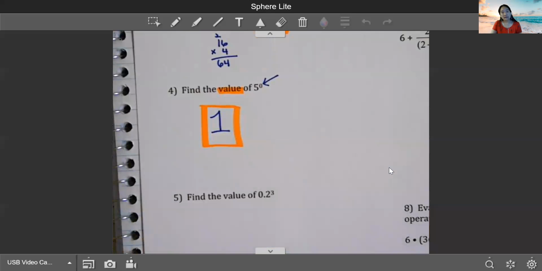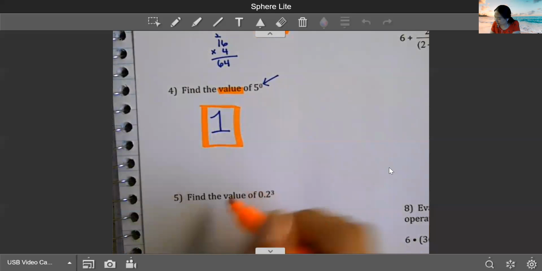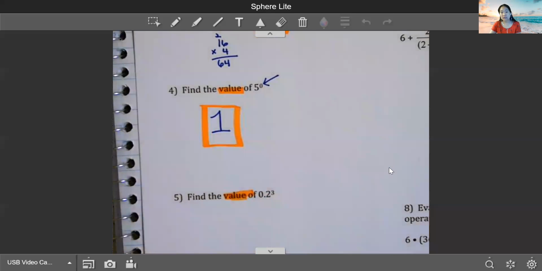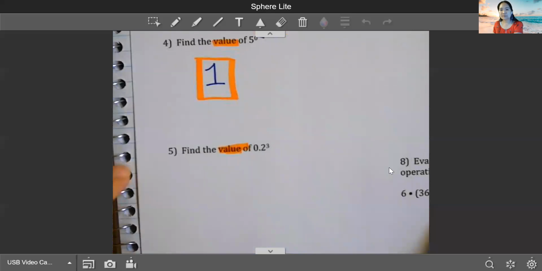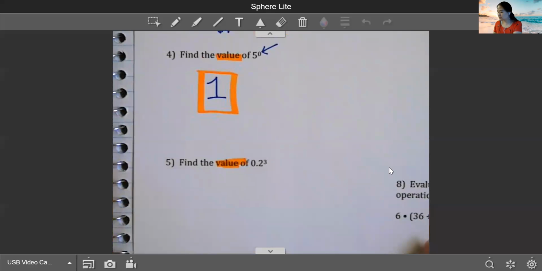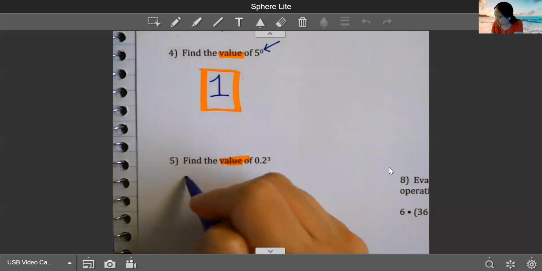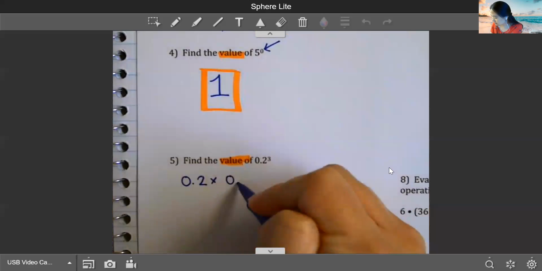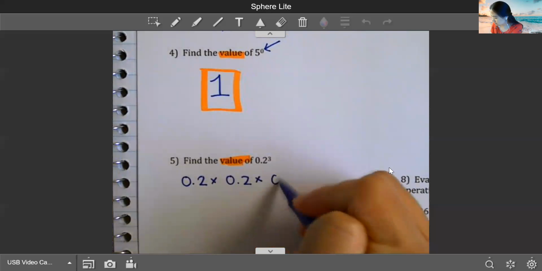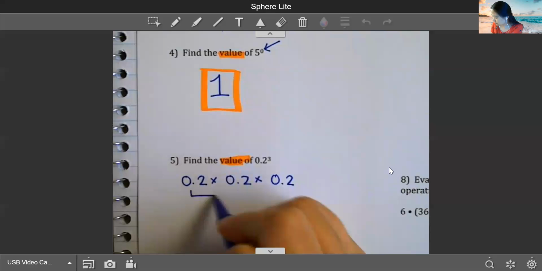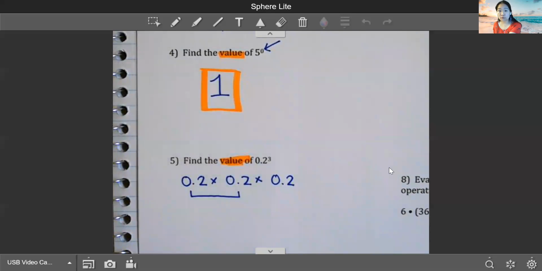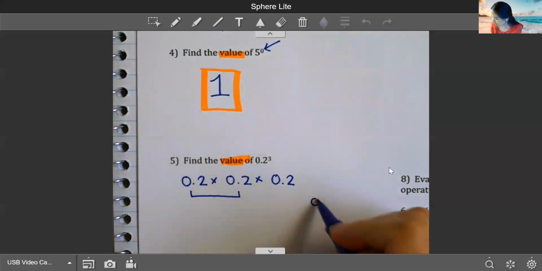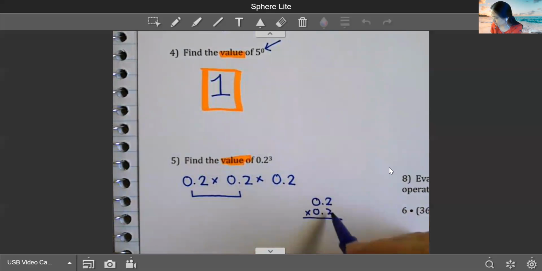Next one. Again, find the value of 2/10 to the 3rd power. So let's expand and write it first. So I have 2/10 times 2/10 times 2/10. I am first going to multiply my first 2 factors. 2 times 2 is 4, 2 times 0 is 0.